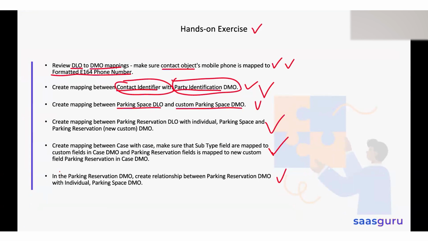The first relationship we want to see is between case and contact. The second is between contact and party identification, or individual and party identification. The third is within the parking reservation: it should have a relationship with the parking space, but also with an individual.